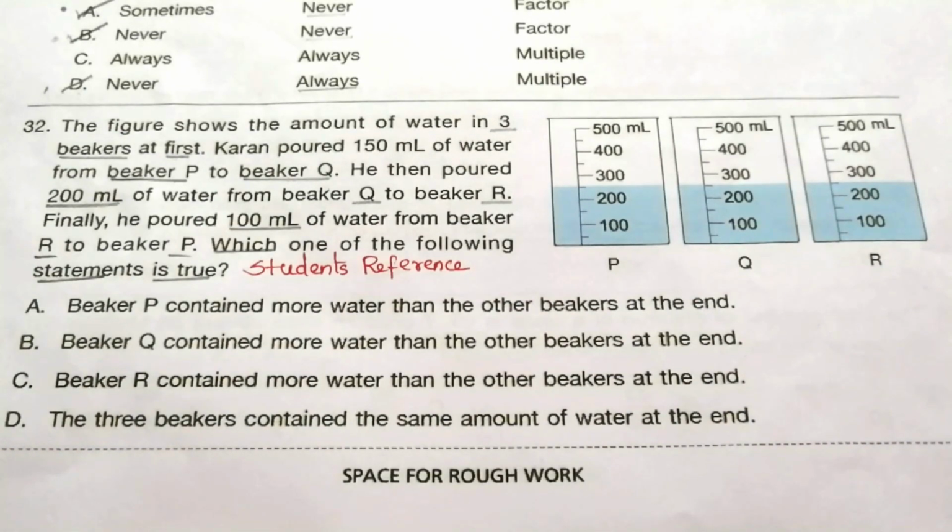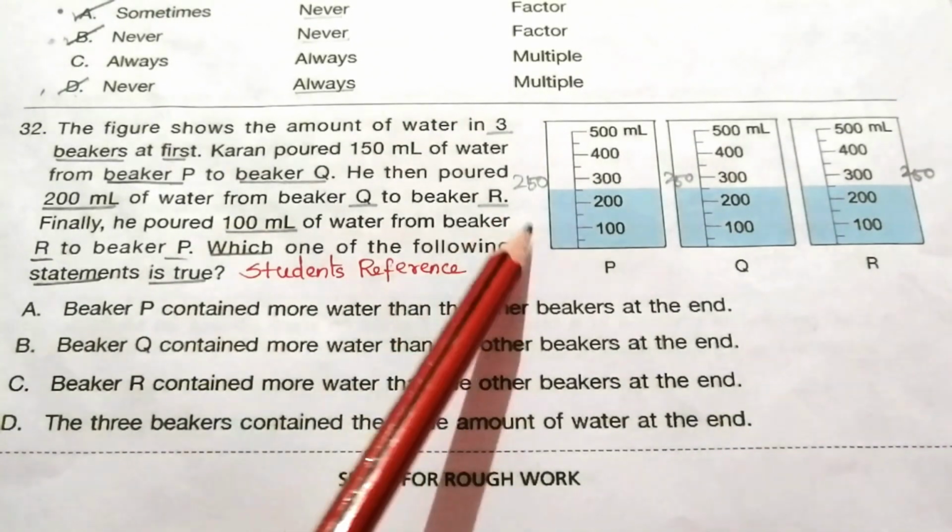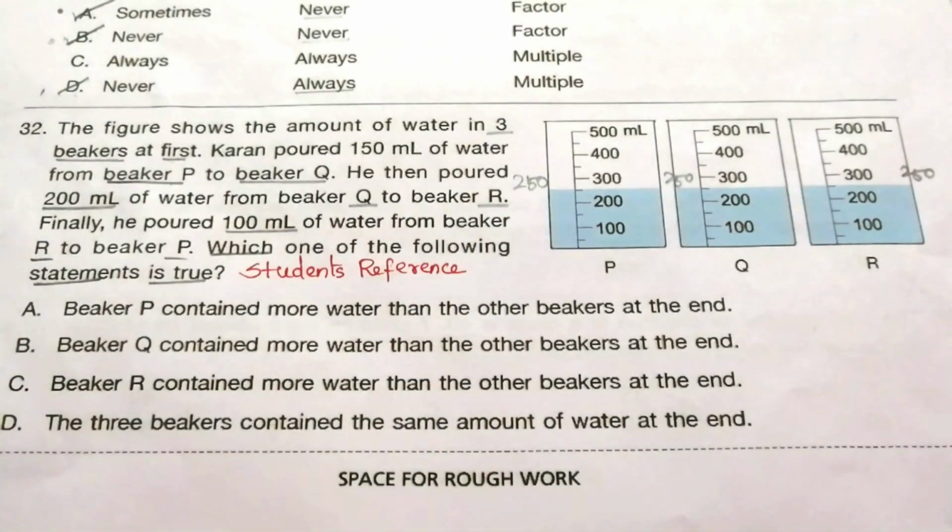So if you look at the picture, each beaker has 250 ml of water. So first you mark 250 ml.